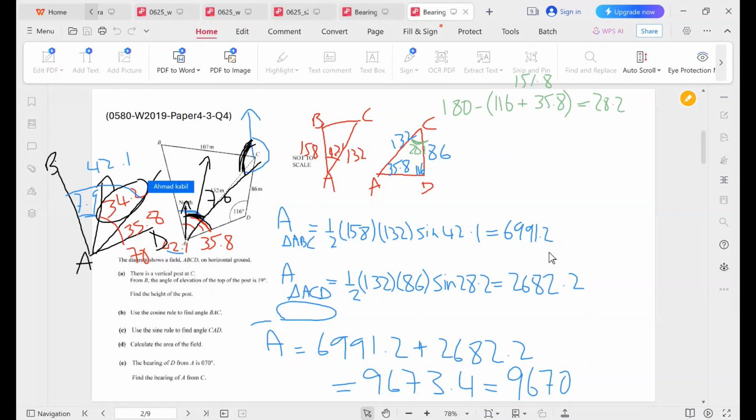So if this angle is 34.2, then this angle would be 180 minus 34.2, which gives us 145.8. And then the angle that we want is the rest of the circle here.